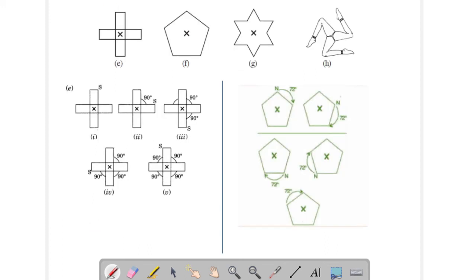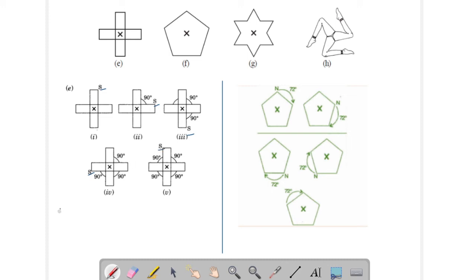Now come to E part. Here, take S at this point and rotate at 90 degrees. Then S will come at this point. Again rotate it 90 degrees. S will come at this point. Again rotate it at 90 degrees. S will come at this point. Again rotate it at 90 degrees. S will come at original position.